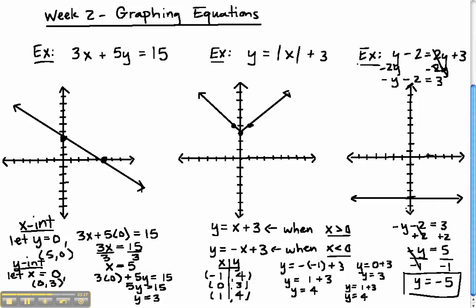If you had x equal a number, you would have a vertical line. So let me give you another example. I'm going to do this on the same graph. If I had x equal 3, this will be a vertical line crossing through x equal 3.